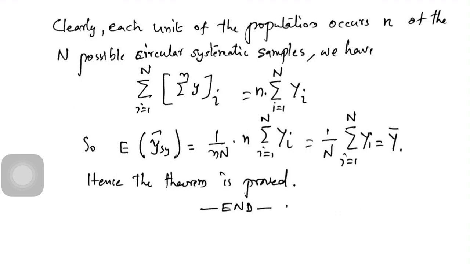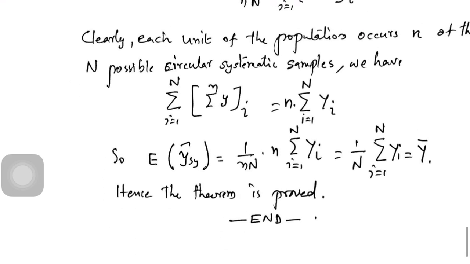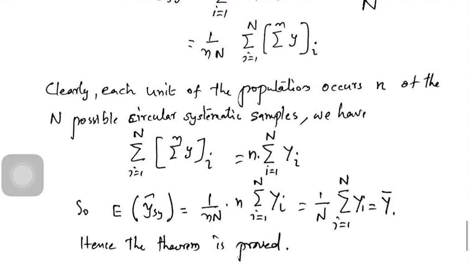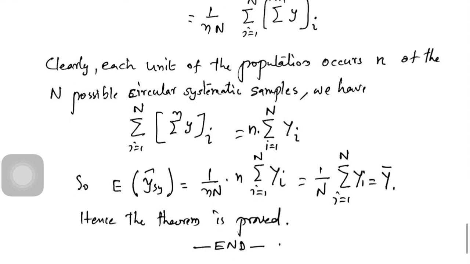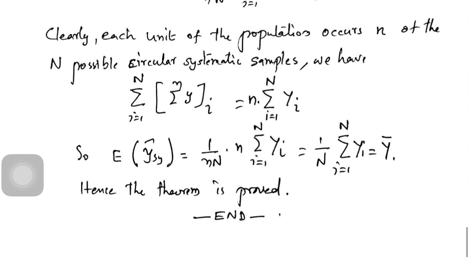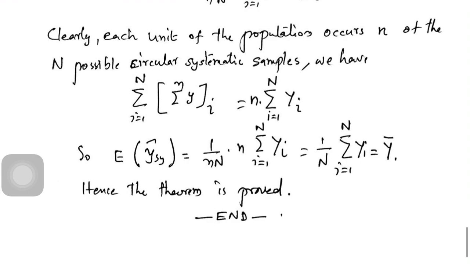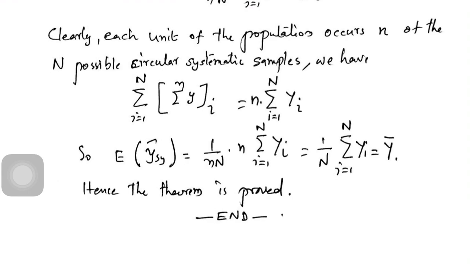We are not going into its variance. Okay, and here we stop how a systematic sample is drawn from a population where capital N is not equal to nk, and how the population mean can be unbiasedly estimated by the circular systematic sample mean.